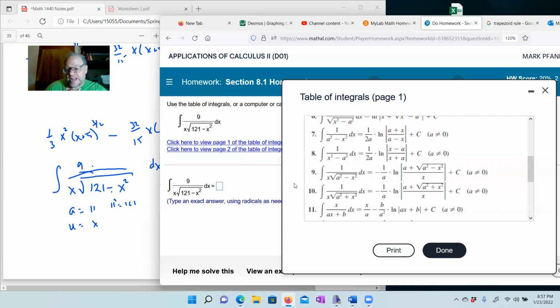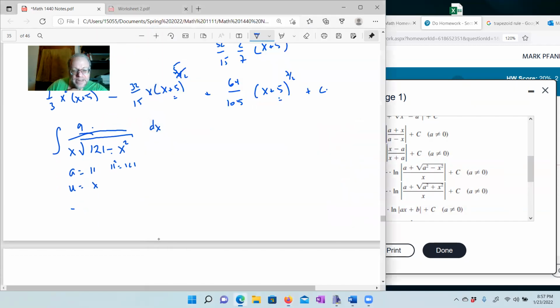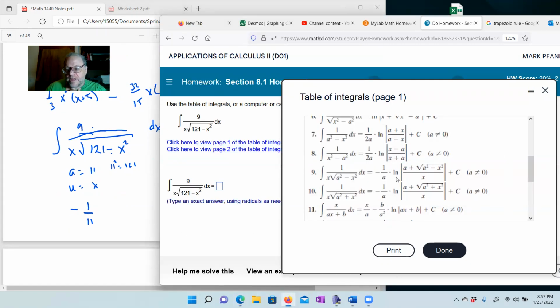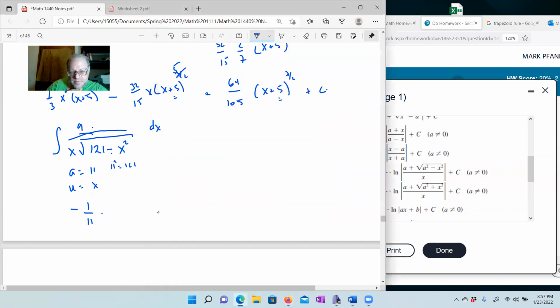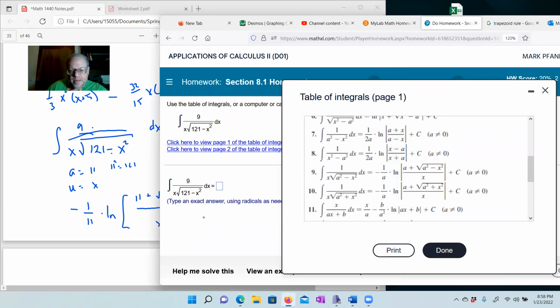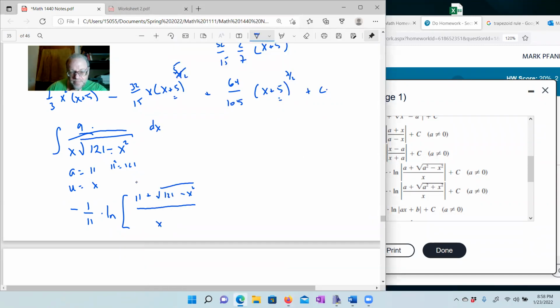So we have negative 1 over a, so this is negative 1 over 11, times the natural log of 11 plus the square root of 121, it's 11 squared, minus x squared, all over x, plus c. So that's what we're looking for, something like that.